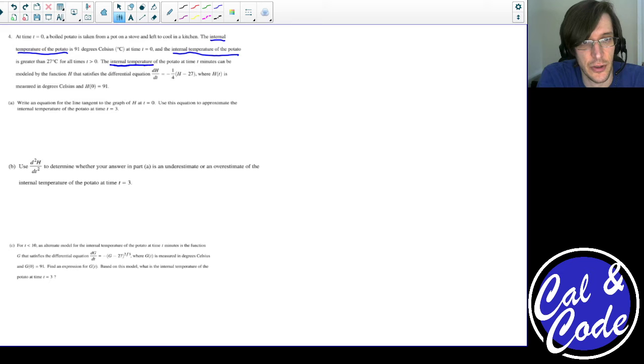The internal temperature of the potato at time t minutes can be modeled by the function that satisfies the differential equation blah blah blah, where h of t is measured in degrees Celsius and h of 0 is 91. That's a lot of words.